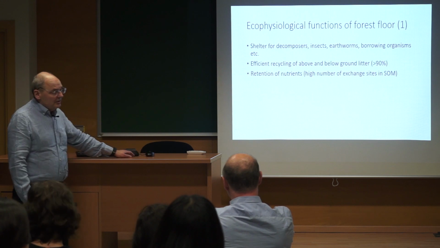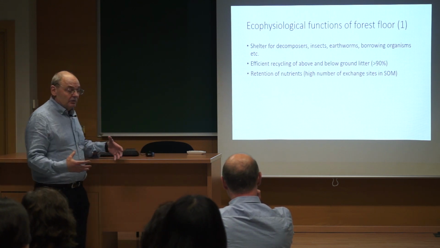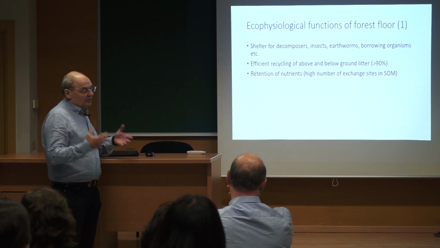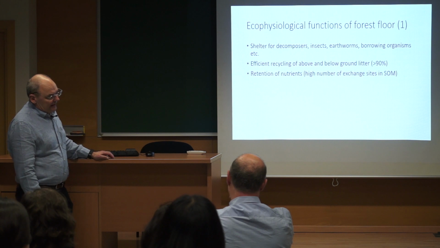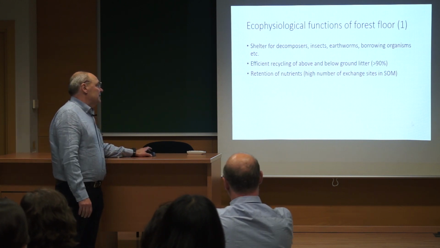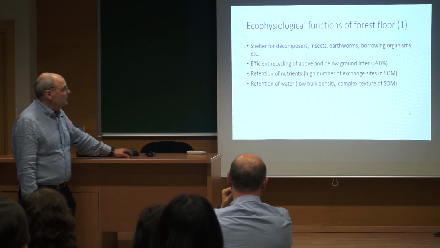It's a good space for nutrient retention. It has a lot of soil organic carbon with exchange sites, so ions of nutrients can be held quite efficiently by this layer. It's also a good place to retain the water.